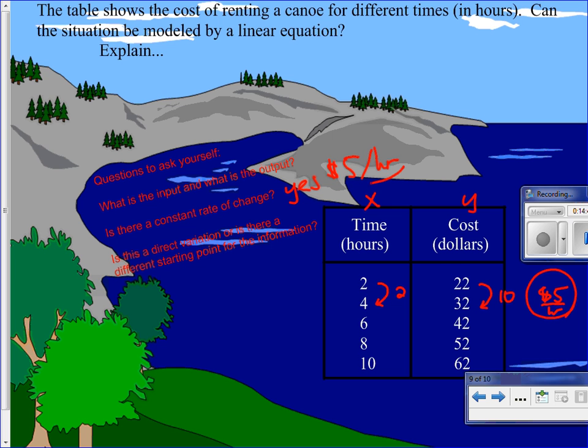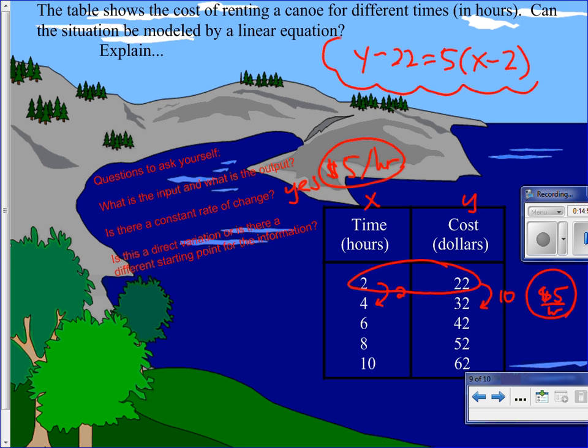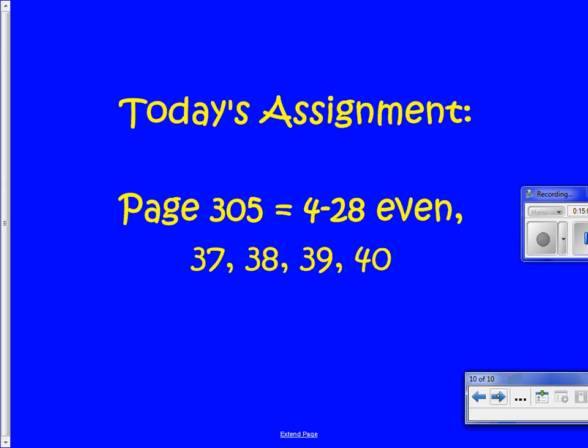I have my slope and I have a point. You can choose any point from here. So my equation can be y minus 22 equals 5 times x minus 2. There is your equation in linear form. So you don't have b, but you don't need it. You can write it in point slope form because you have a point and you have a slope value. So ta-da. And here is your homework for 5.3.